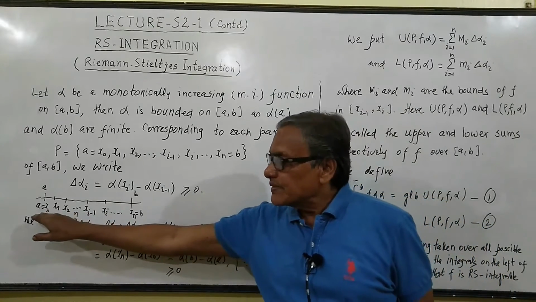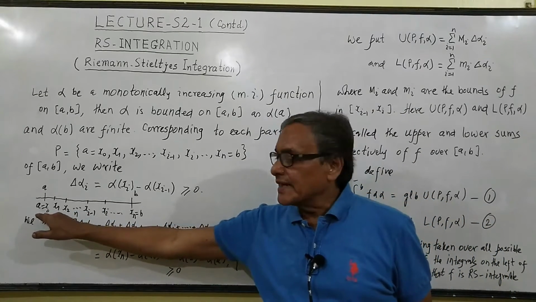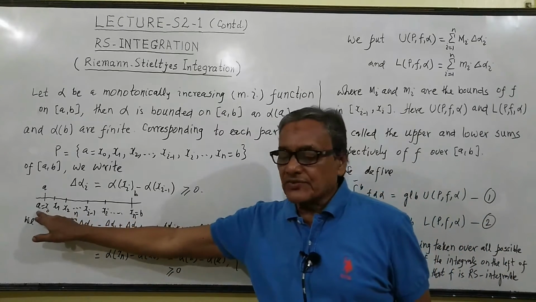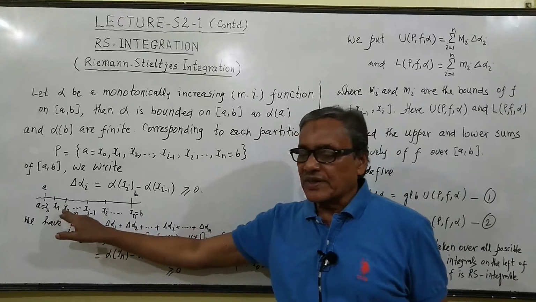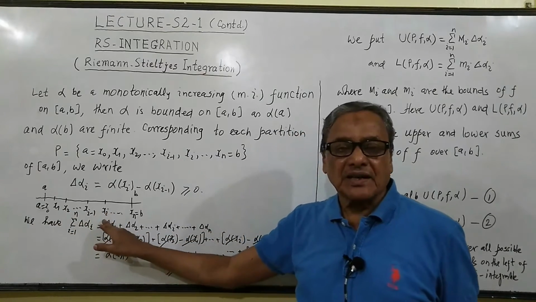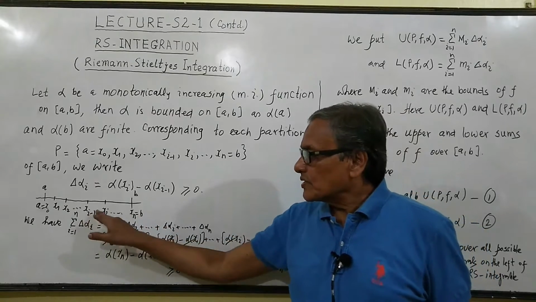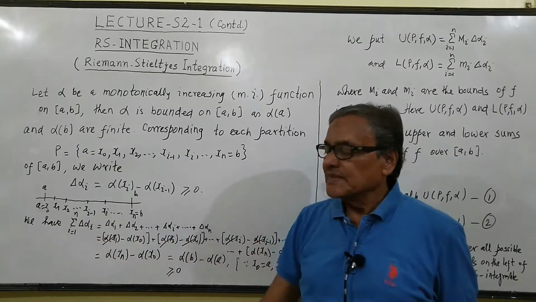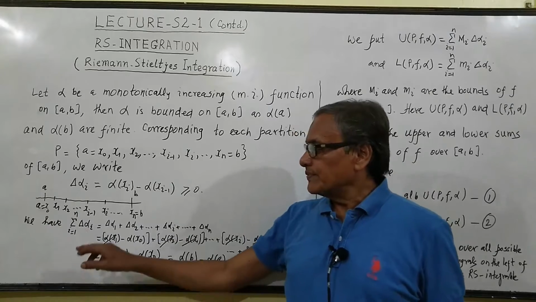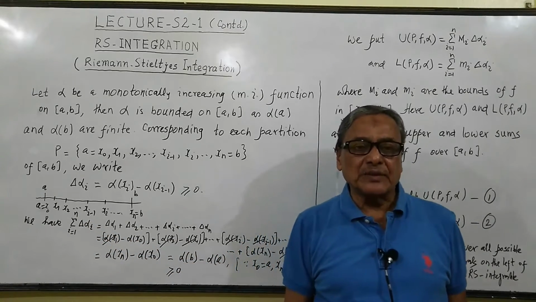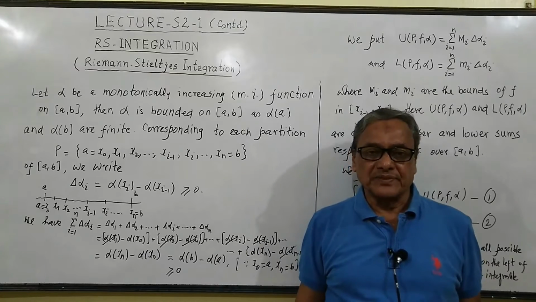Here I am showing the partition P of the closed interval [a, b]. This shows the partition a = x0, then the points x1, x2, x(i-1), xi, up to xn = b. This is called the ith subinterval. First we want to find the value of sigma delta alpha i because it finds frequent application in R's integration.